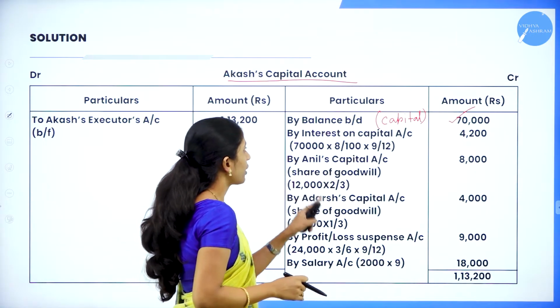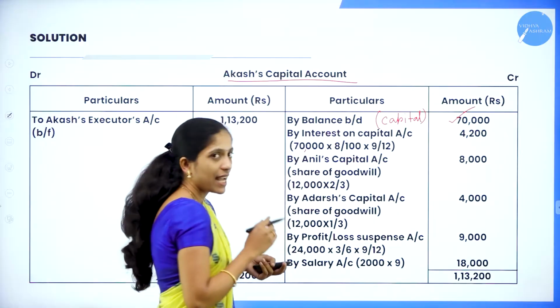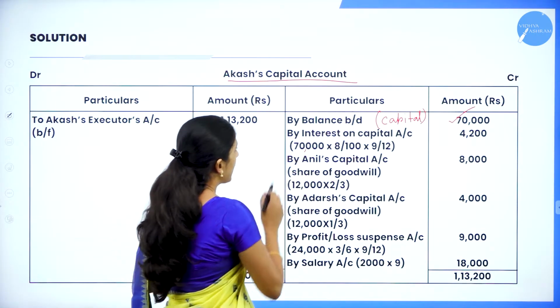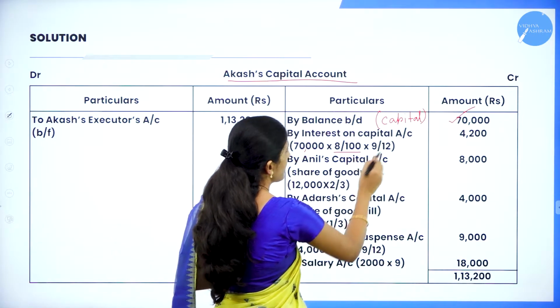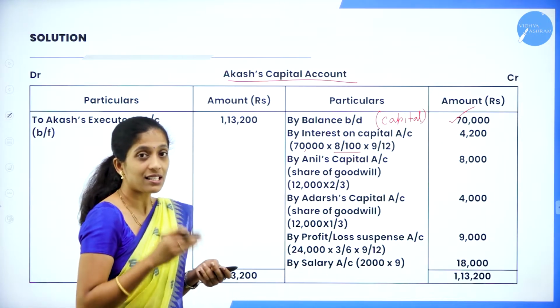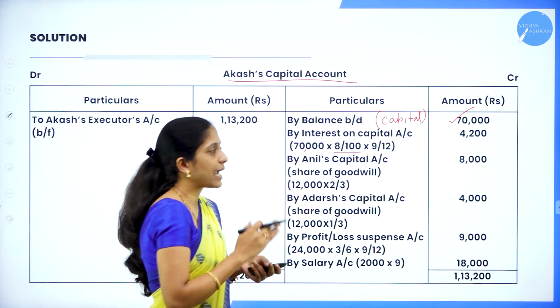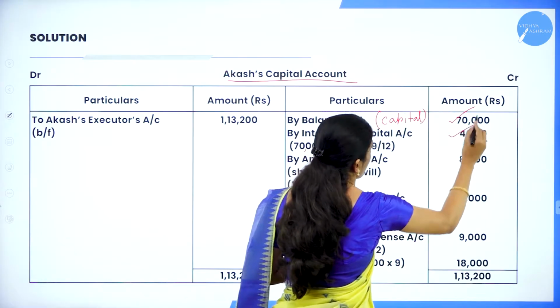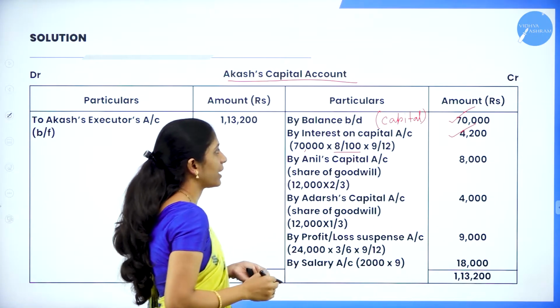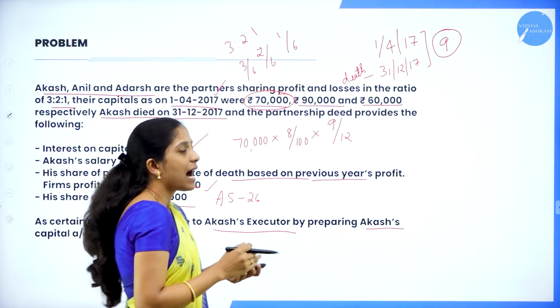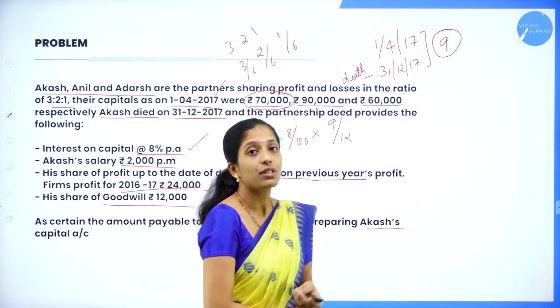So, interest on capital: 70,000 was his capital into 8% into 9 divided by 12. That is, he was there only for 9 months in the partnership firm. So, he'll get 4,200.